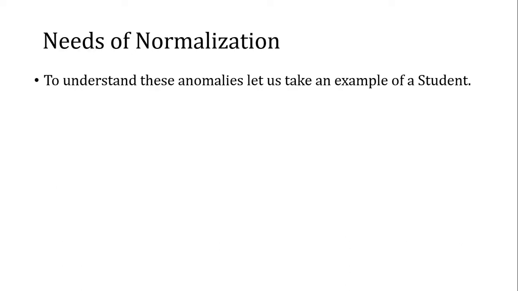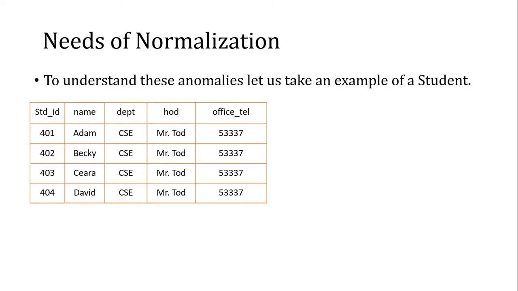So why is normalization needed? To understand these anomalies, let's take an example of a student table. A student table has some attributes like student ID, student name, department, HOD (head of the department), and office telephone number.